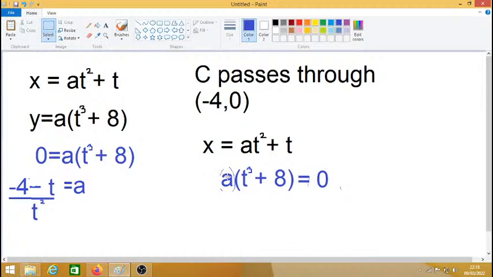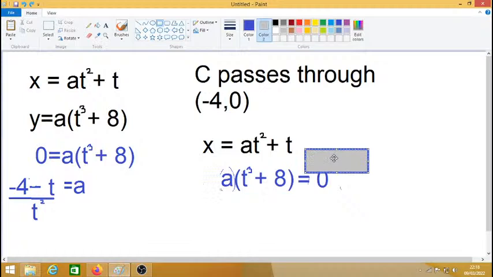Now we can say that a is equal to 0, or t cubed plus 8 is equal to 0.